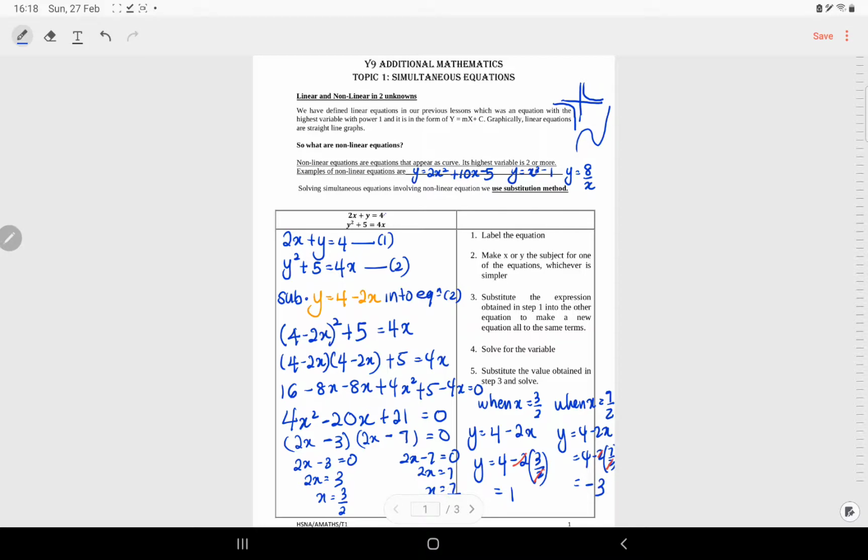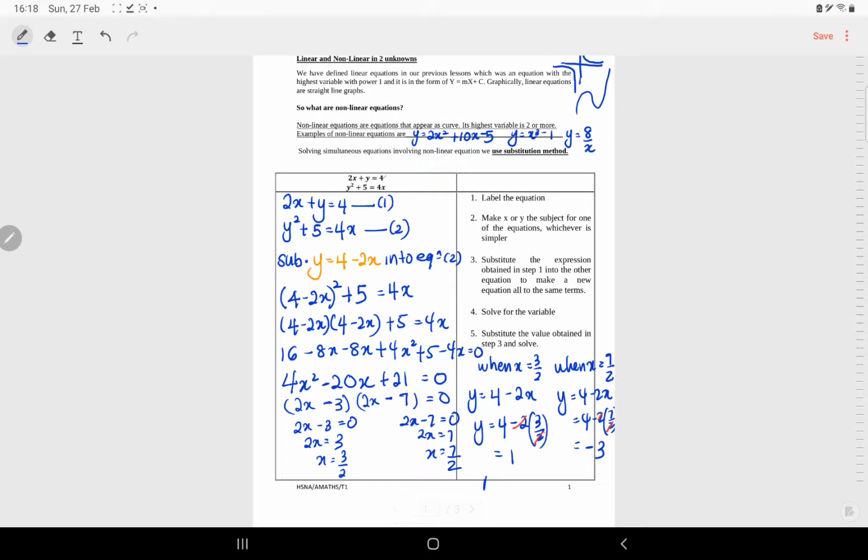Okay? So you can write down the answers. So answers, x equals 3 over 2, y equals 1. And x equals 7 over 2, y equals negative 3. Okay? And remember when we did the exploration of simultaneous equations, basically it is the point of intersection. So in this case, instead of getting one solution, what we get is two solutions, two coordinates.